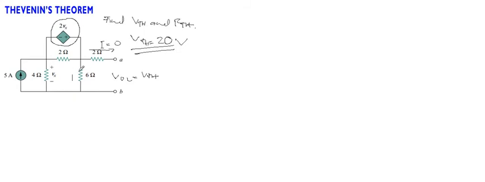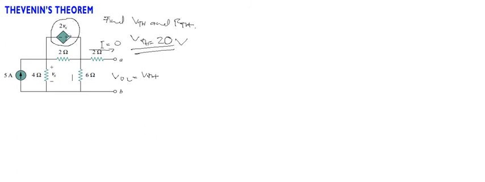Since yung pagkuha ng RTH natin, guys, is iba pag meron kang dependent source. Pag wala kang dependent source, okay lang, kukunin mo lang yung R equivalent mo. I-off mo lang yung mga sources mo. But this time around, i-off mo yung source mo pero may remaining ka pa ding dependent source kasi hindi siya kasali sa ino-off.